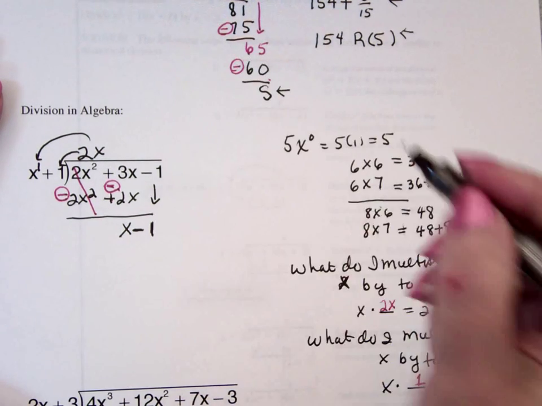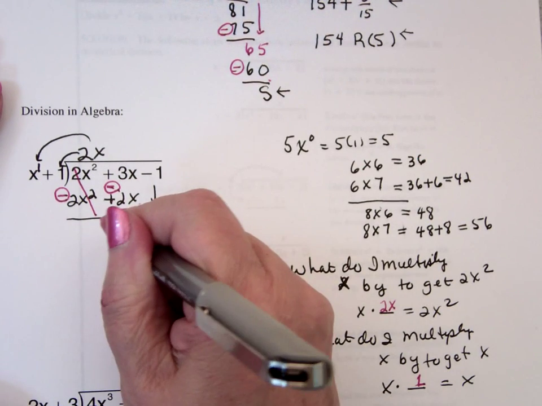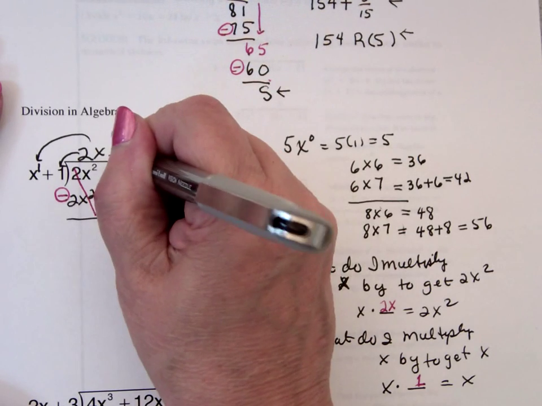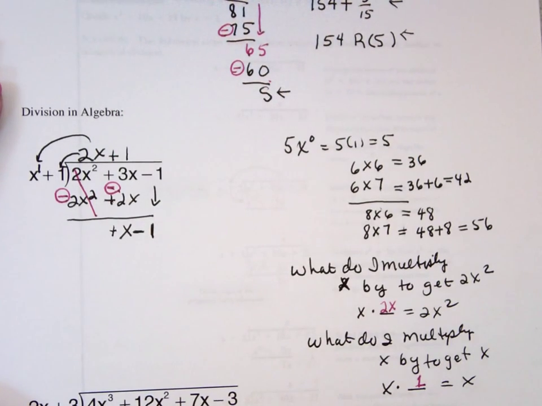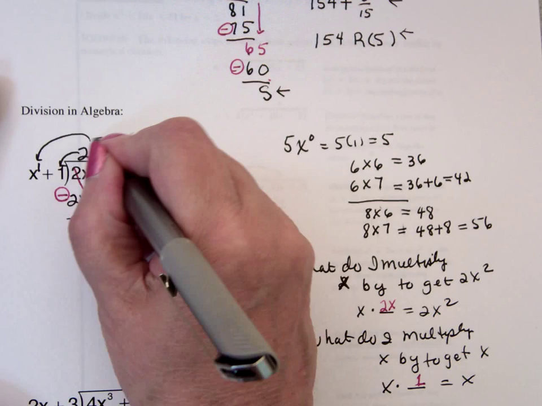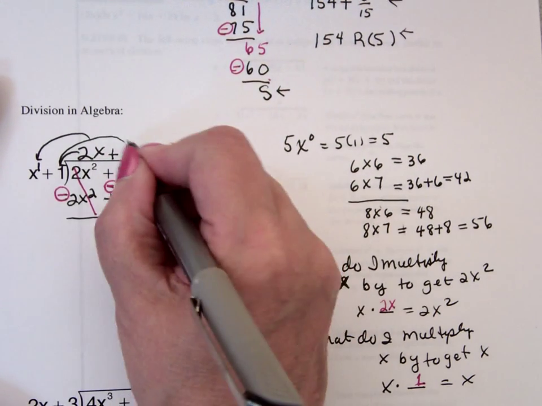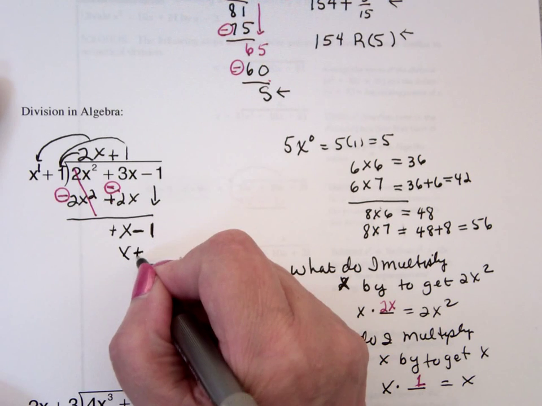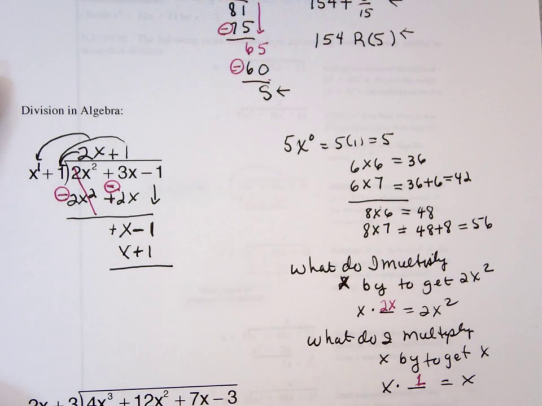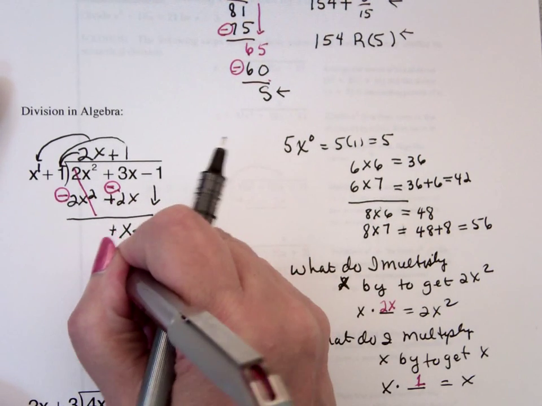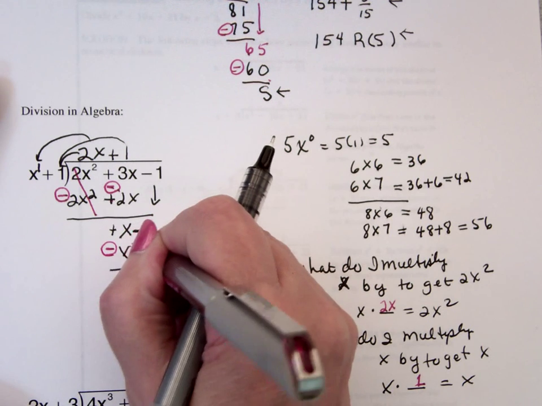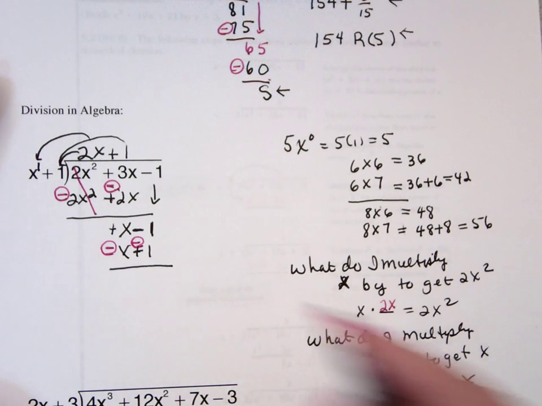So since this is a plus x, this would be a plus 1. Now you do the same thing. 1 times x is x. 1 times plus 1 is plus 1. Now I subtract, which changes the signs, and I end up with a minus 2.